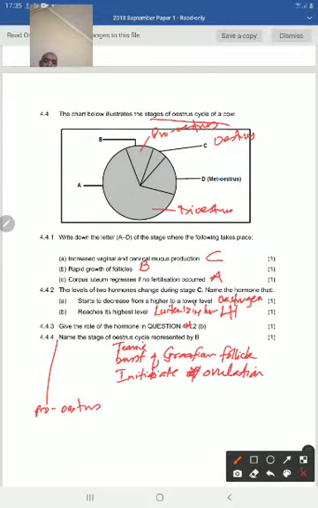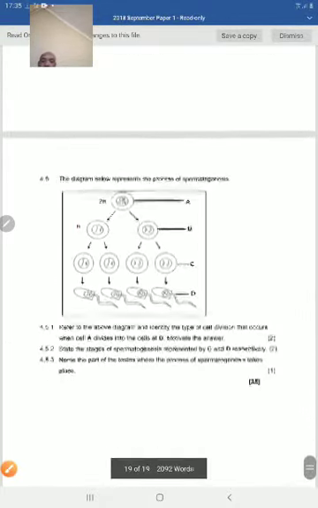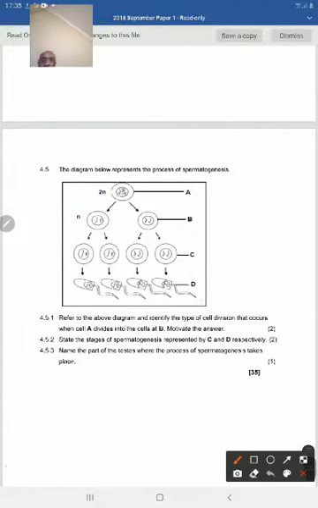Okay, is that all? That is not all. Let's quickly look at this one. The diagram below represents the process of spermatogenesis. So if A is 2n, it means there's another one, the spermatogonia.